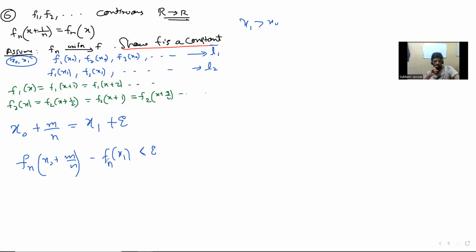So you would want to make sure that this is less than delta. That's a slight blunder, you should keep this as delta, not epsilon. So you keep this distance less than delta, then you can keep this functional value less than epsilon, obviously. And for that, you can choose a large enough n.